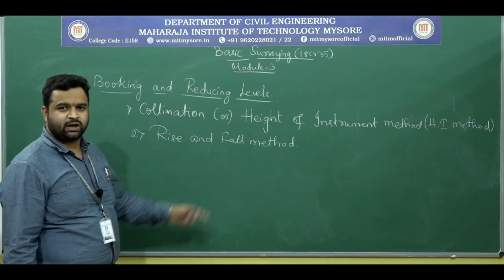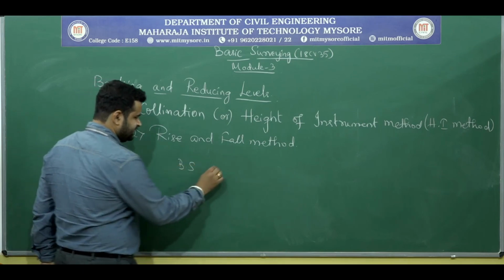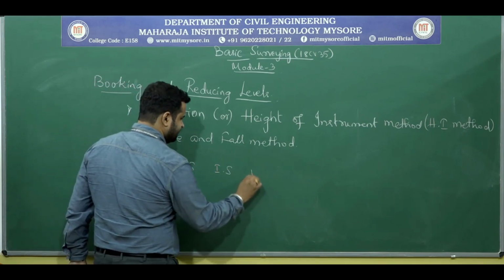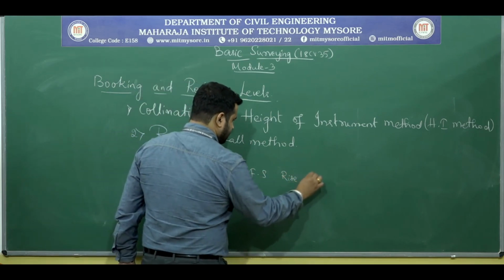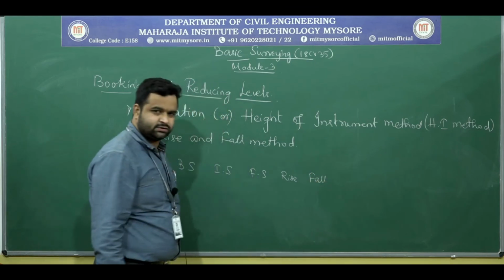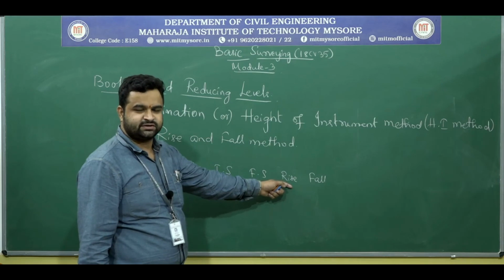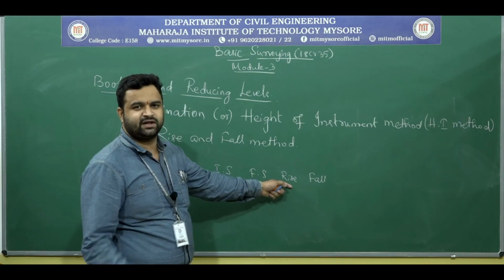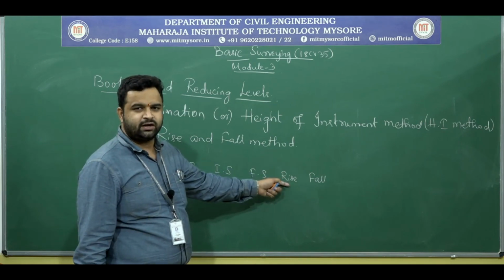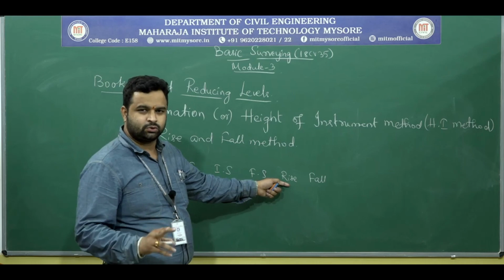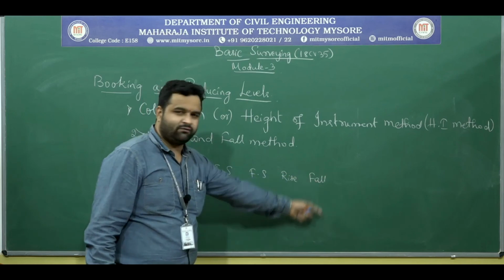Okay, so if you know the RL of the benchmark, say for example, so this is backsight, intermediate sight and foresight, and this will be your rise or fall depending on the difference which you are going to obtain. Rise is taken as positive, that is, if you obtain the difference between the levels as a positive value, you are going to write that under rise, and if you obtain the difference between the two levels as a negative value, then you are going to write that under fall.